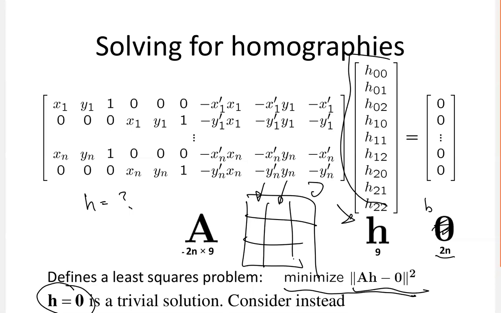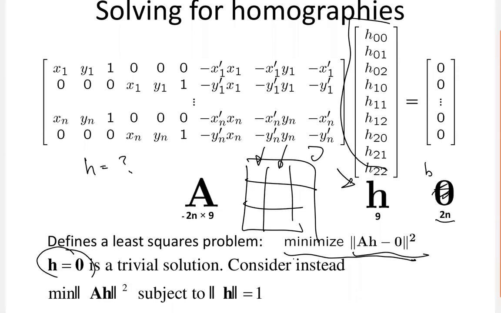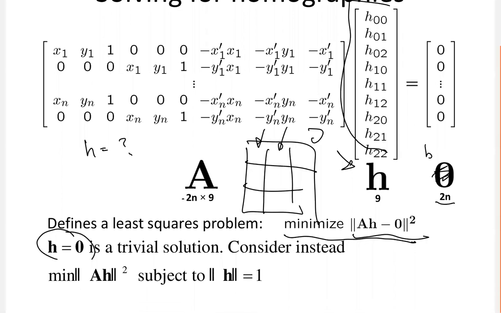Otherwise, I would basically map anything into the origin. So I want to put in some constraint: h should have norm equal to 1, meaning the sum of squares of all the h coefficients, h00 squared plus h01 squared plus h02 squared and so on, equals 1, right?